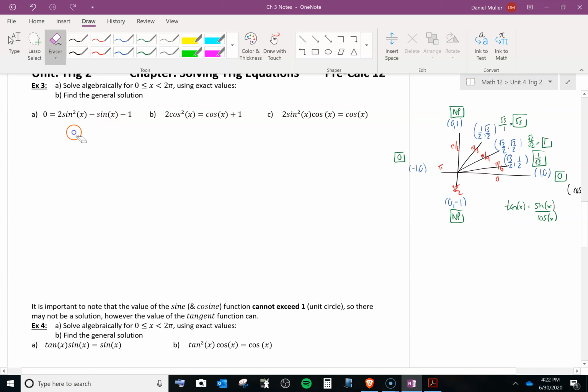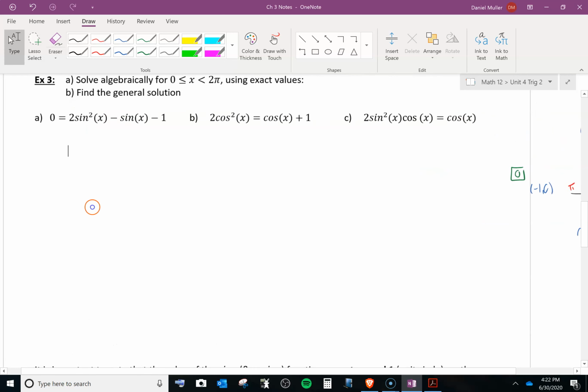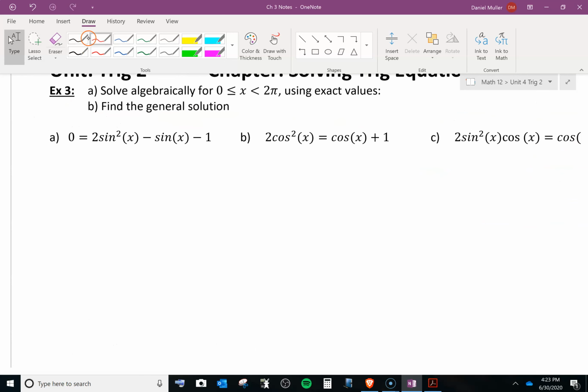So these are going to be questions where there's probably going to be some sort of factoring involved. So everything is onto one side, so I could actually factor right now. This is going to be a 2 sine of x and just a normal sine of x. And if you multiply those together, you get 2 sine squared, which is what I have on the left.